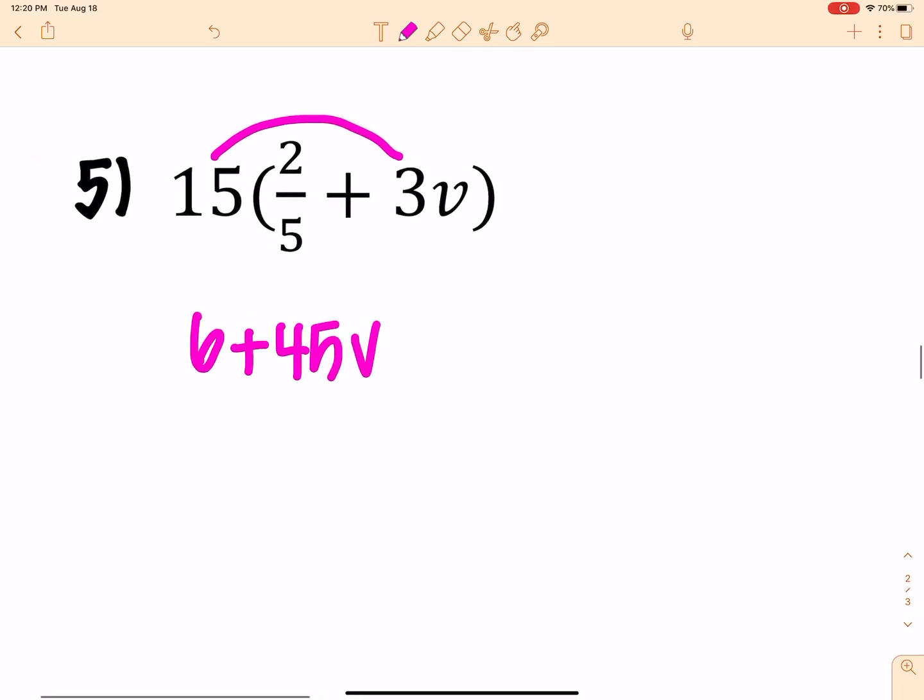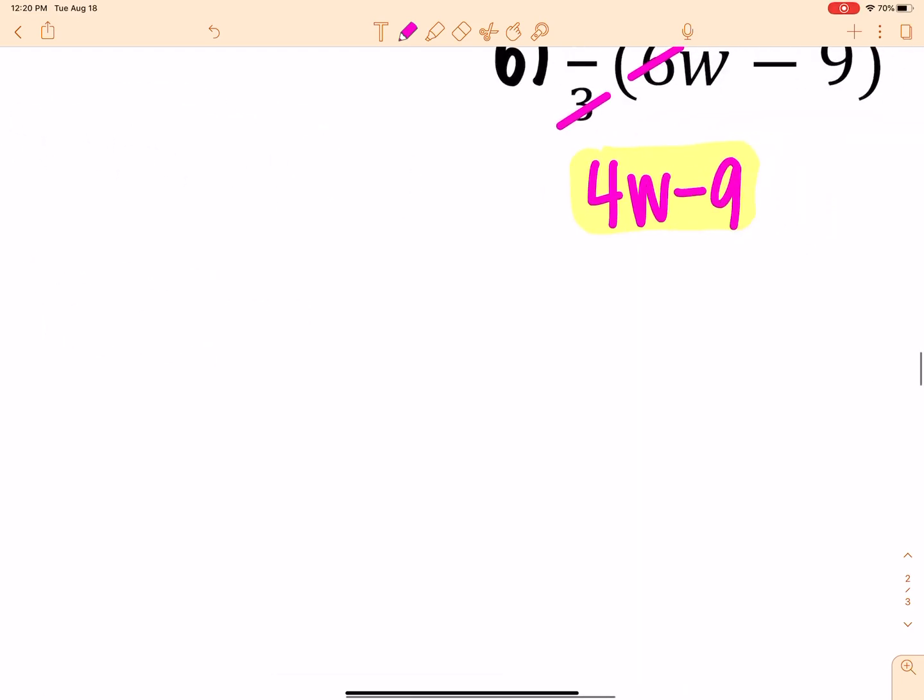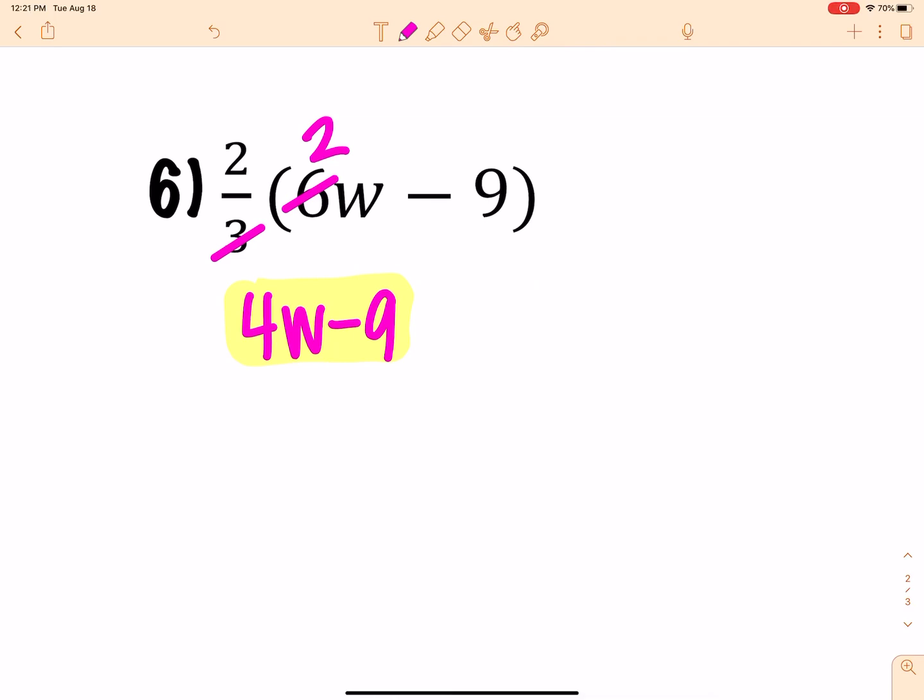And then pause here and try number 6 all by yourselves. All right, number 6. All you're going to do is multiply this 2/3 to each of the 6w and the 9.